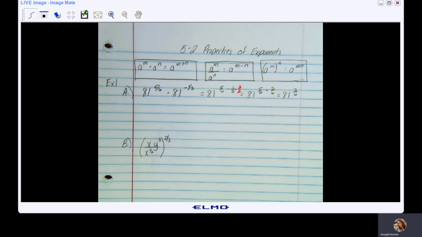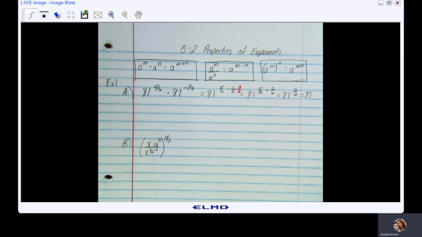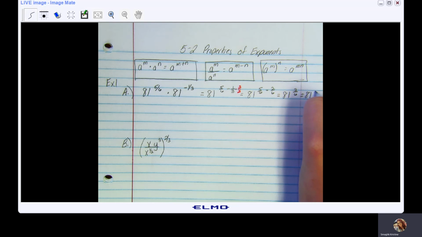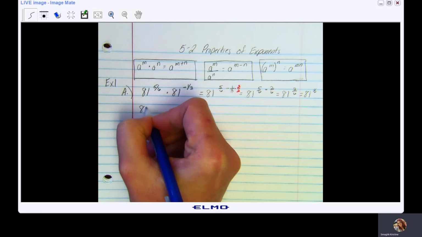Well, I can reduce 3/6, and I can divide numerator and denominator by 3. So that's going to give me 1/2, 81 to the 1/2 power. Let me scoot this down to the next line. We were at 81 to the 1/2.